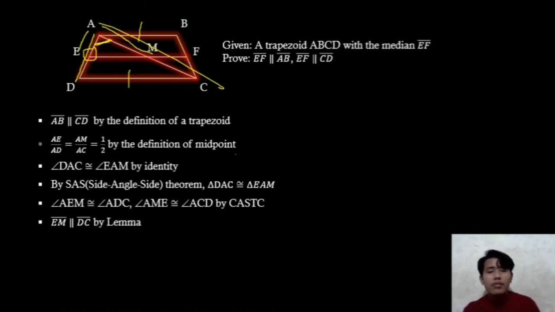The lemma that we use in this case is: if a line segment divides two sides of a triangle proportionally, then this line segment is parallel to the third side of the triangle. Then line segment EM is parallel with line segment AB by implication of line segment AB parallel with line segment CD.